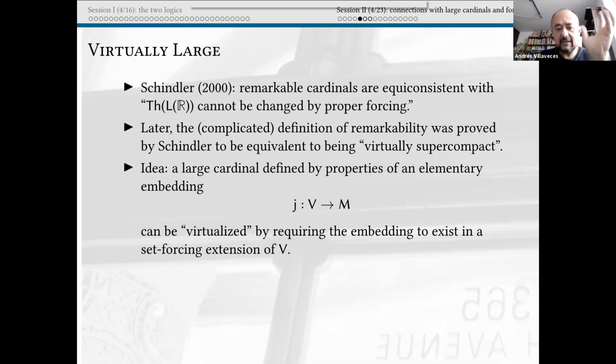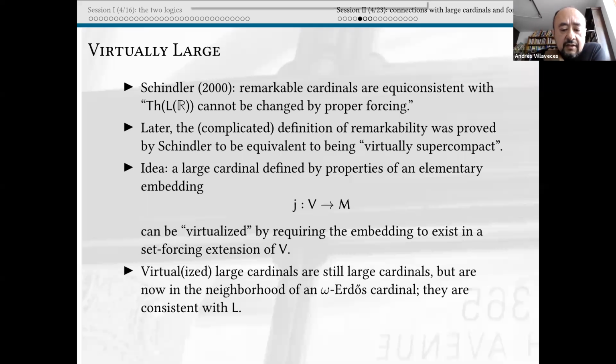Of course, I will just give the idea. There are many absoluteness details that are tricky in this sort of idea, as you can imagine. But the idea is that a large cardinal that is defined by properties of an elementary embedding, like measurable cardinal, like supercompact cardinal, can be virtualized by requiring the embedding to exist in a set forcing extension of V. I'm putting some details under the rug here, but this is somehow the idea.